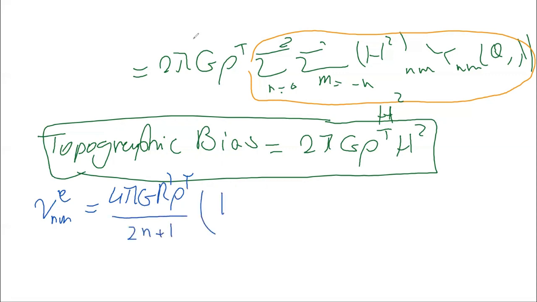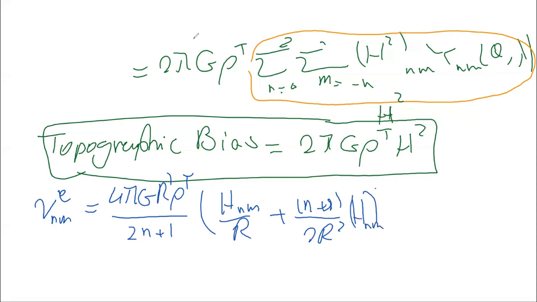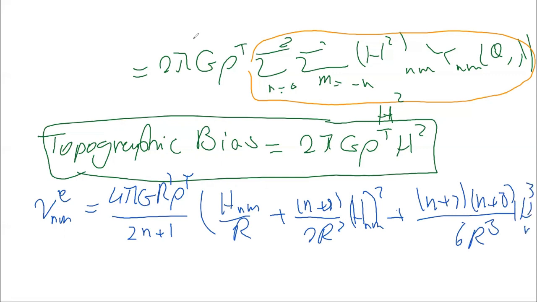It was H_nm over R plus n plus 2 over 2R squared H_nm squared, plus n plus 2 n plus 3 over 6R cubed, and it will be H_nm cubed.